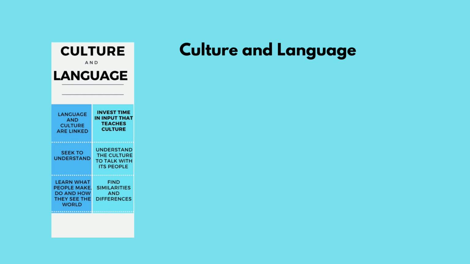Culture and language, really important. ACTFL describes culture as looking at the perspectives, people, and products of a target language or culture. Basically, I would say that's what people make, do, and how they see the world. They're linked. So as you're focusing on your input, you want to get input that teaches culture.